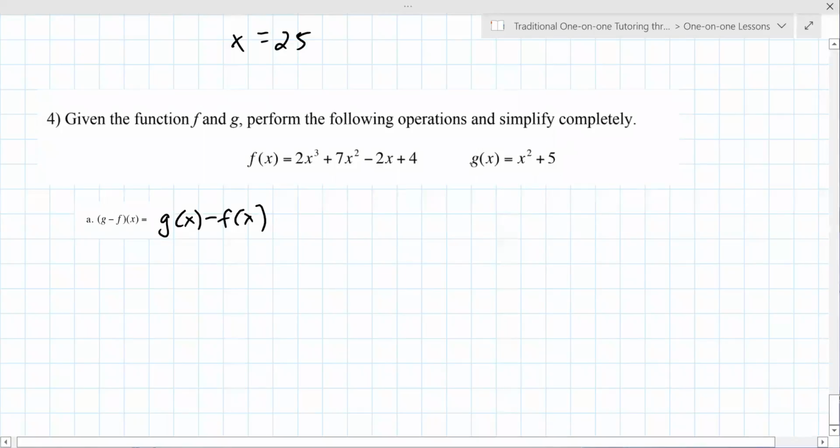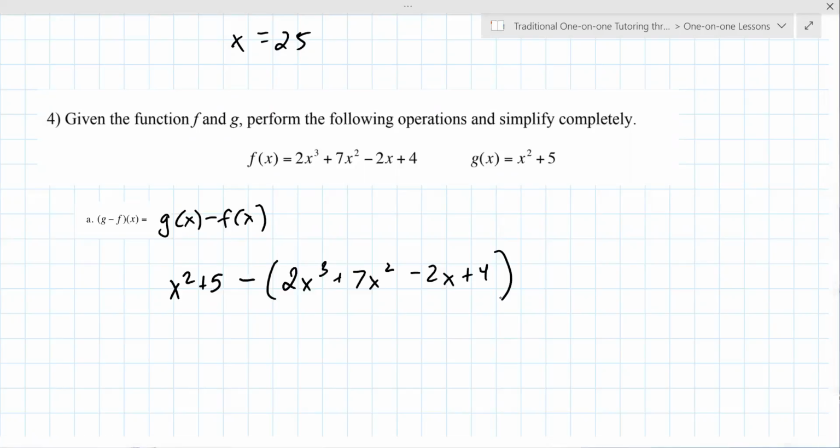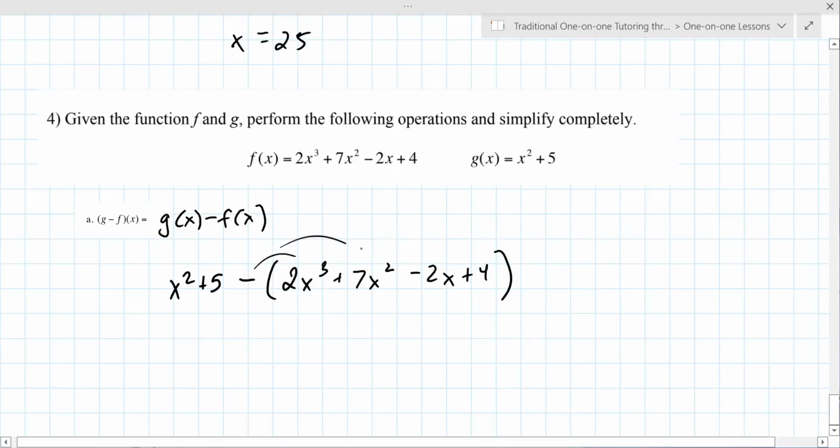So g of x is this thing on the right. That's the x squared plus 5. And then f of x is this 2x cubed plus 7x squared minus 2x plus 4. Okay, and there's a reason I put this in parentheses, because you're going to distribute this negative to everything.